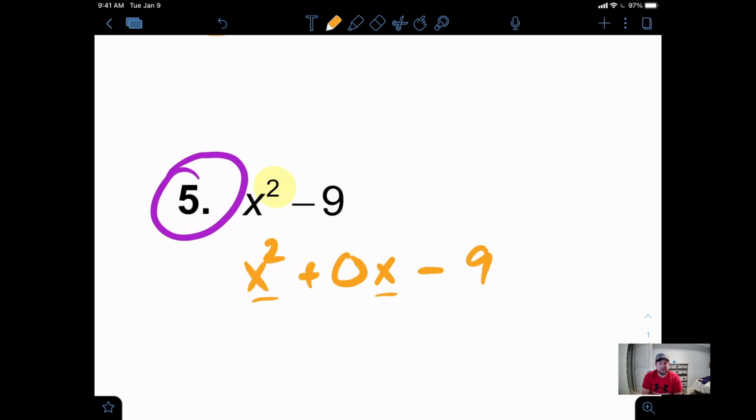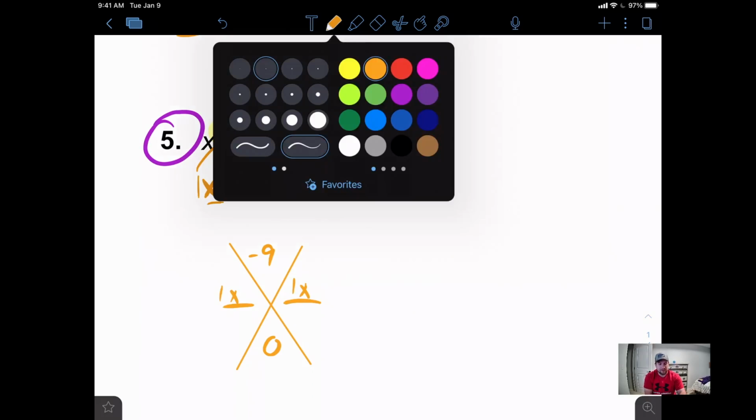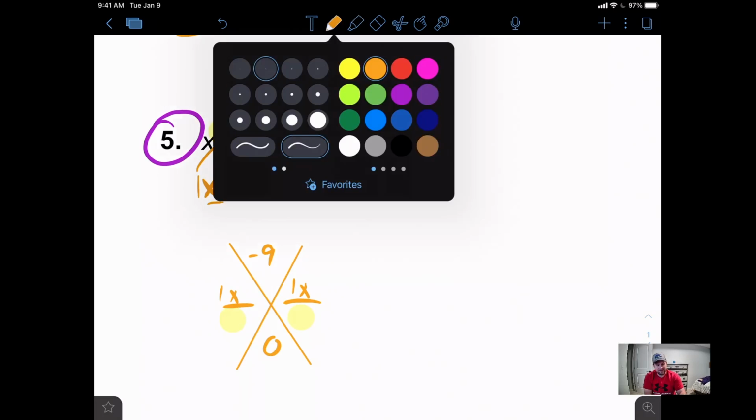Now, when I do that, that makes us into a whole different problem, one in which we can use the x. So remember, we would take 1 times negative 9, that would go up top, and the 0 goes on the bottom. On the sides, we're going to have 1x over and 1x over. We just need two numbers that multiply to give us a negative 9 that are going to add to give us 0.